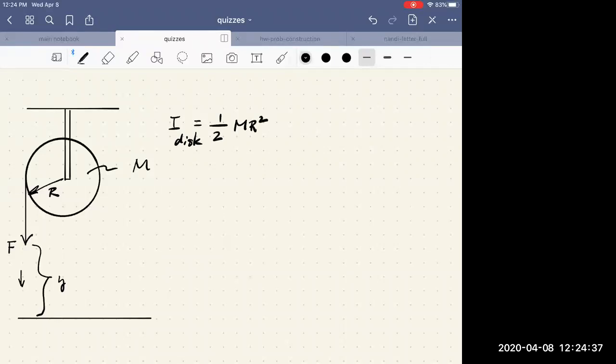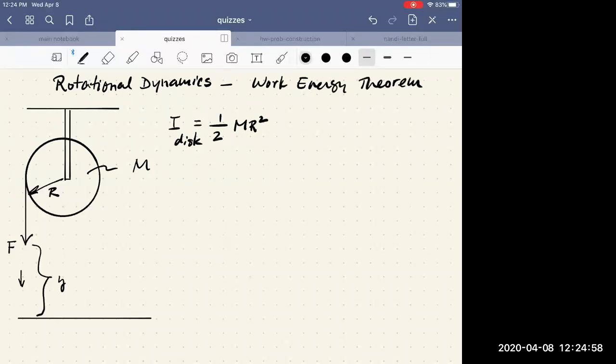So what are we doing? Our goal is to study rotational dynamics. And first we'll study rotational dynamics using work energy theorem, which turns out to be a very useful tool for figuring out, for example, how the wheel is turning faster and faster as this string is going down because of the application of a force.